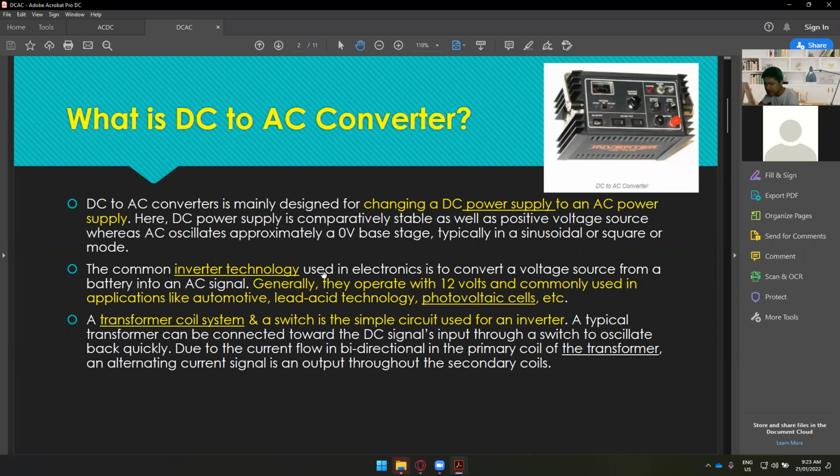This is one thing that you need to remember when it comes to DC to AC. We call that inverter technology. Generally they operate with 12 volts and are commonly used in applications like automotive, lead acid technology, or photovoltaic cells.